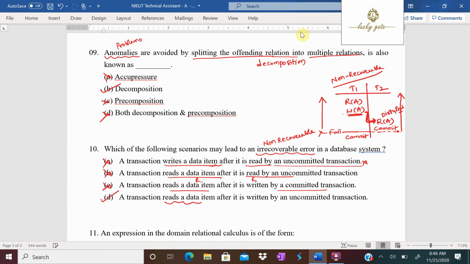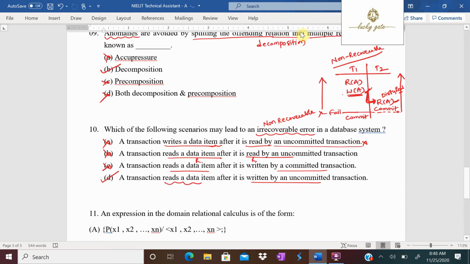A transaction reads a data item after it is written by an uncommitted transaction. When it is reading before the write commits, it causes a possibility of irrecoverable error, or we call non-recoverable schedules. So the answer for this question is option D.